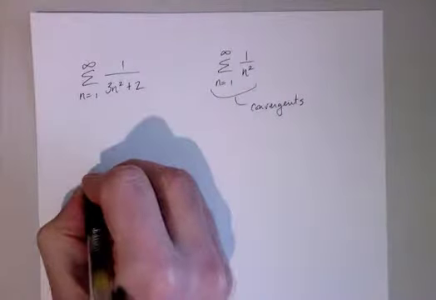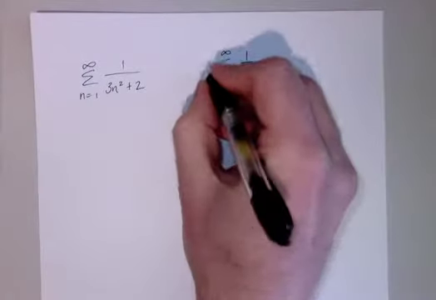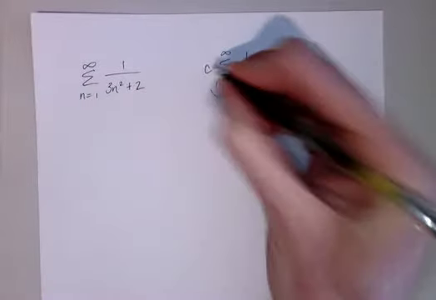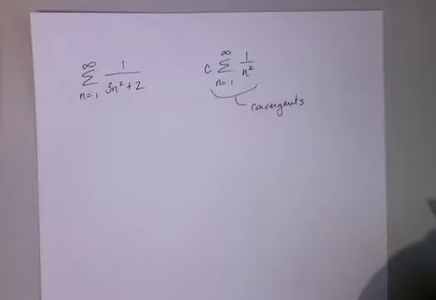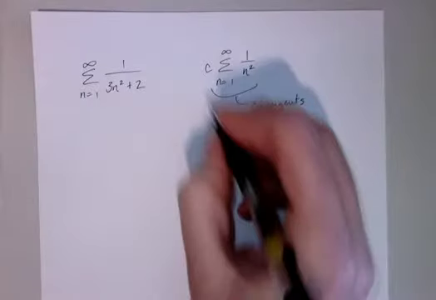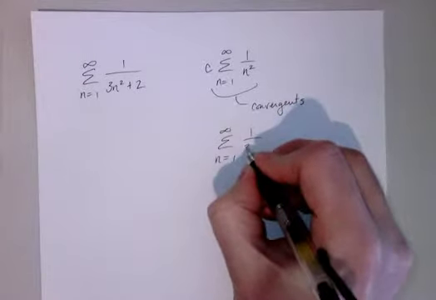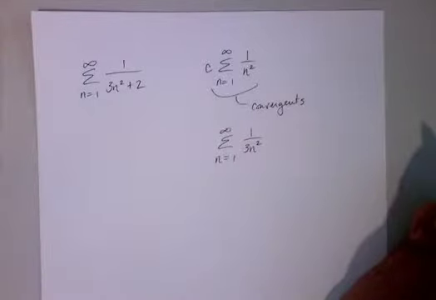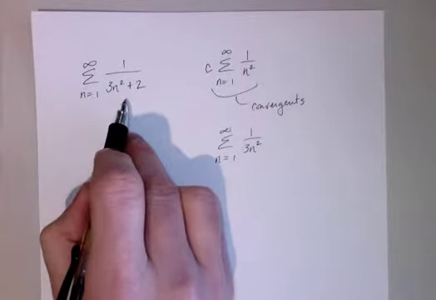And we know that 1 over 3n squared, because it doesn't matter what constant is out in front, we know that c times sigma n equals 1 to infinity of 1 over n squared is convergent. So if this is convergent, I simply need to show that this is smaller for all n.